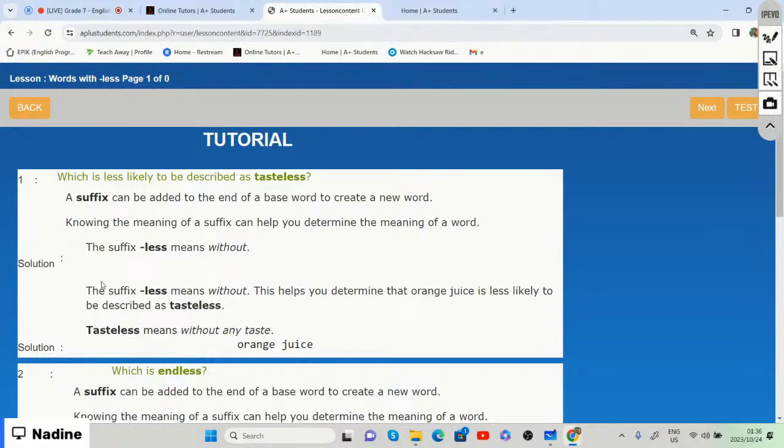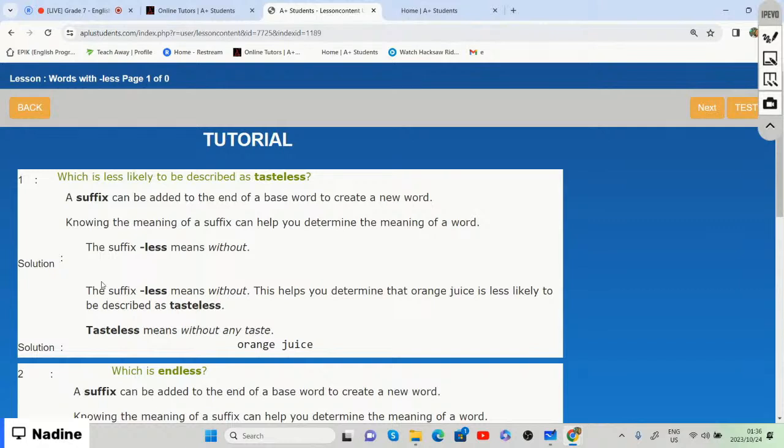And when it comes to the suffix less, it means without. So it's basically the opposite of full.